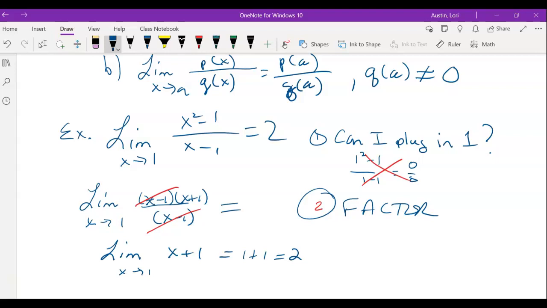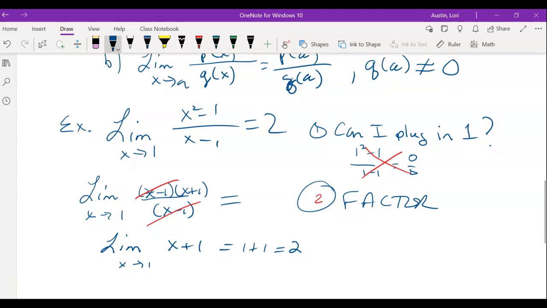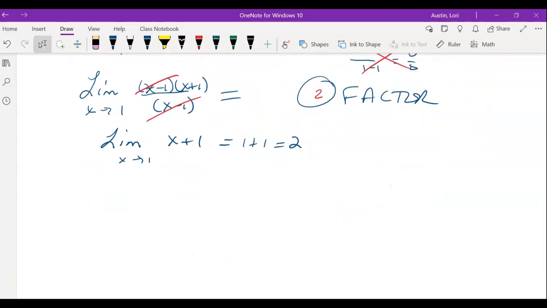Another algebraic manipulation, I'm just looking for an example because this is a biggie. So the algebraic manipulations can get tricky. I have one on here now. All right, here's one. You ready? Another example.